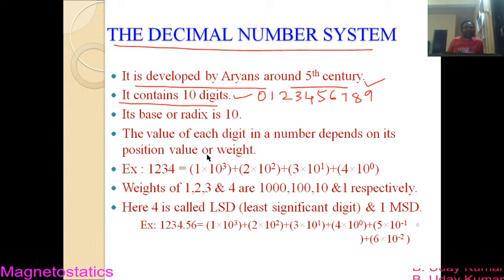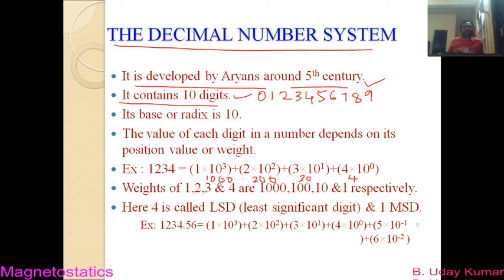So 1 into 10 power 3 gives 1000, this becomes 200, this becomes 30, and this becomes 4.